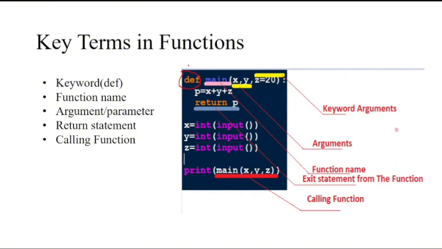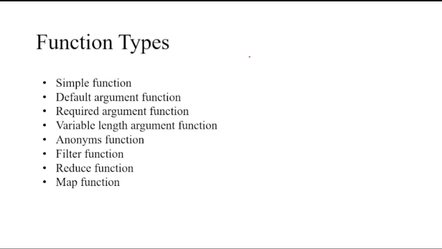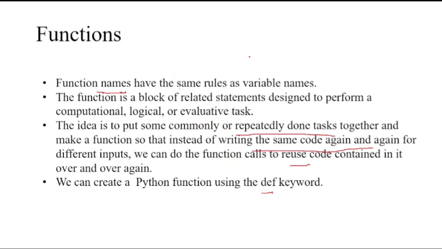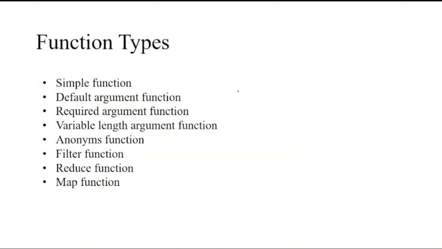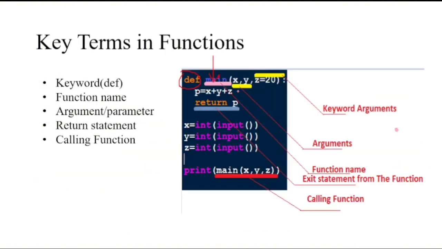So you have def as the keyword for creating a function, and then we have the function name. This function name has similar rules to the ones for identifiers or variables.